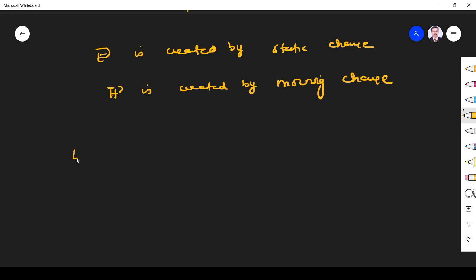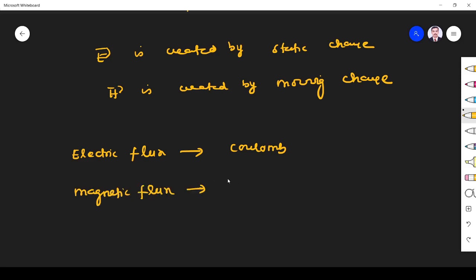So first electric flux. Electric flux is given by Coulomb. Fine. Magnetic flux. Magnetic flux is given by Weber. Okay. So electric flux density.